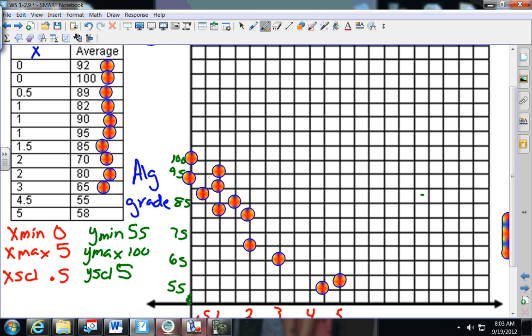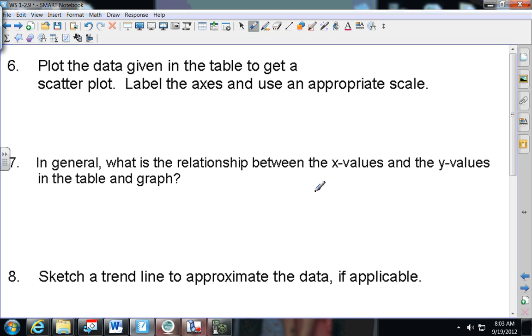Now we guessed a negative correlation. Does it look like that's right? It does. Okay, so let's look at the questions. Given the data in the table, label the axes in the appropriate scale. We did that. In general, what is the relationship between the X values and the Y values? As the X values, okay, so let's look back at our graph.